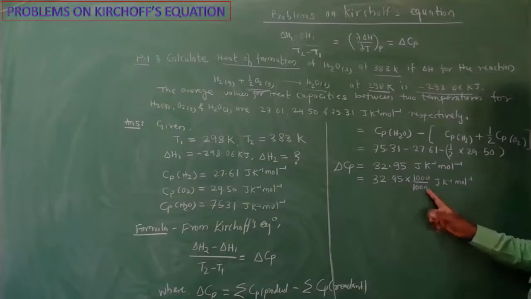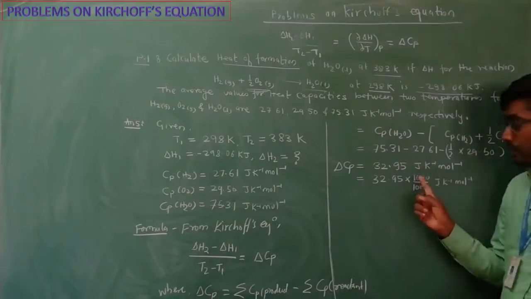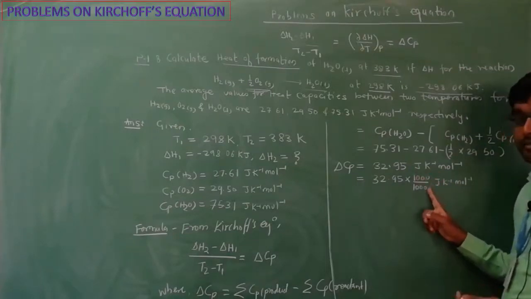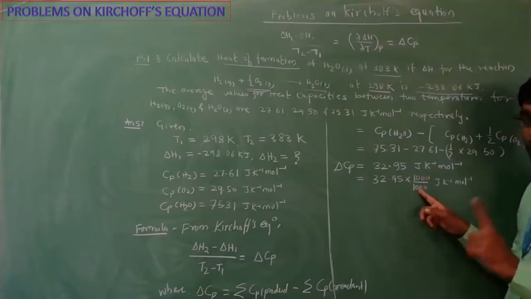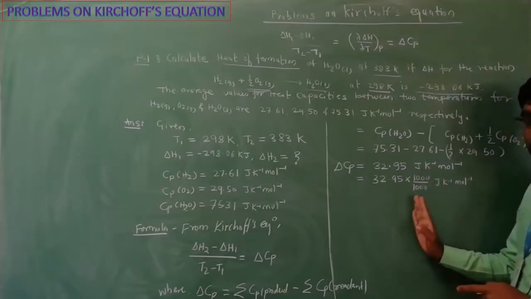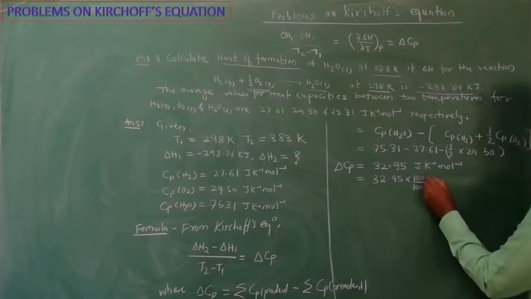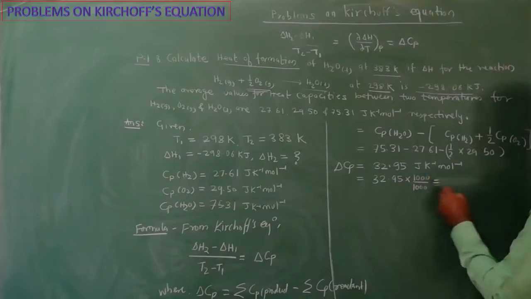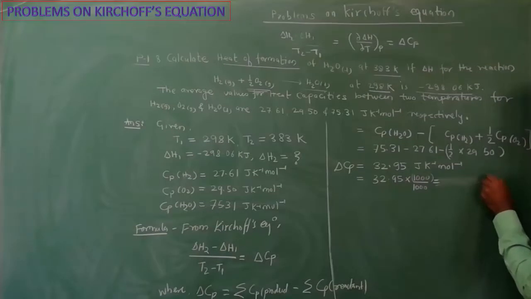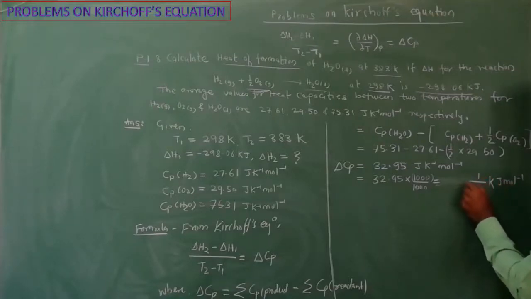What I have done is multiply and divide by the same value, so its value is 1; it has no meaning in our problem. If we further solve it, then we get a value where the 1000 in the numerator is called kilo. This stands for kilojoule per mole, and what is remaining is 1 upon 1000.